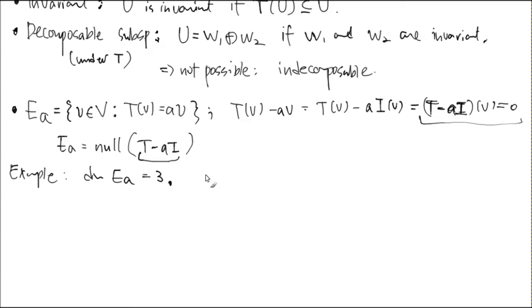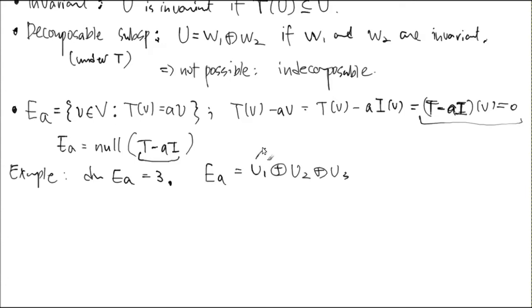So here's a question. Can we say something about the indecomposable property of this EA? EA has a dimension 3, right? Obviously, it's going to split into U1, U2, and U3. Is that right? It has a dimension 3.